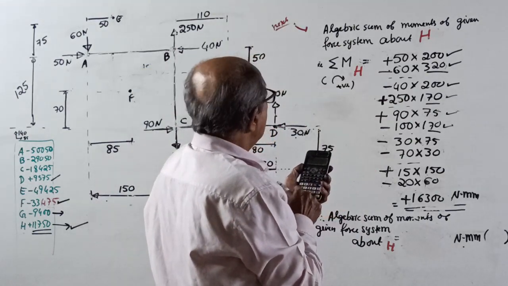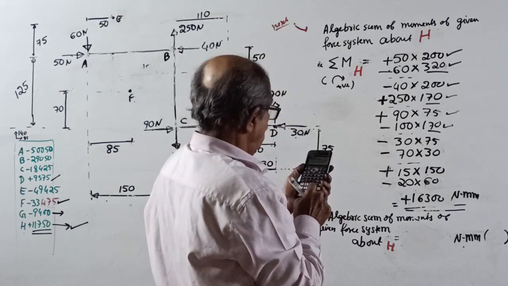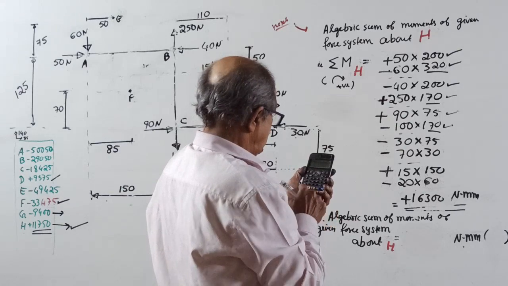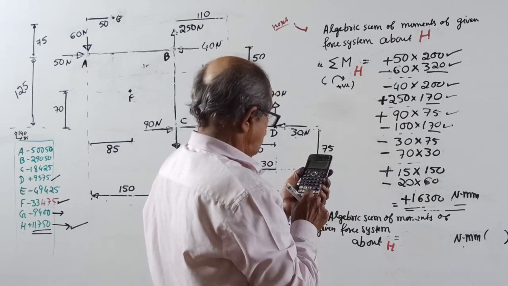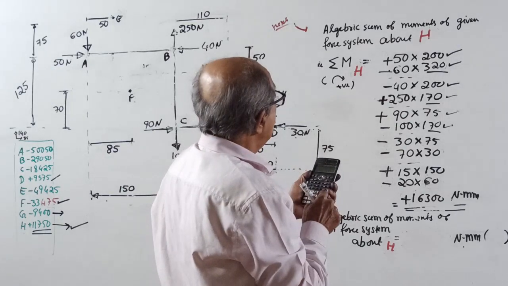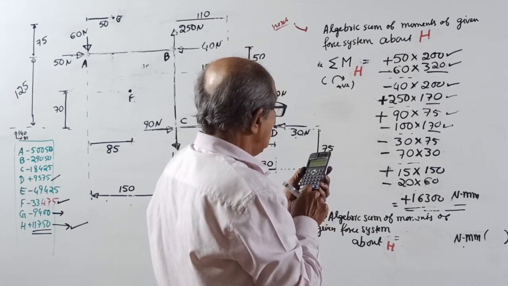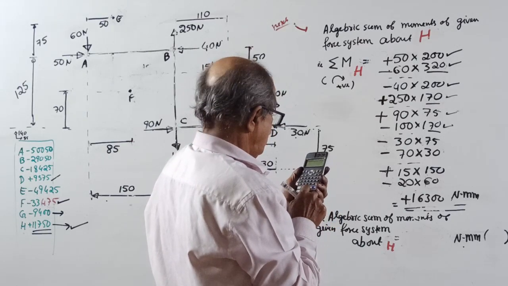50 into 200 minus 60 into 320 minus 40 into 200 plus 250 into 70. Not 70. 250.